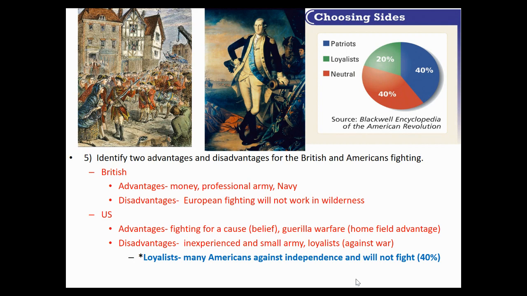And also there are neutrals, which are 40%. So 60% of Americans really either don't want independence or really don't care. So in this case, how does a weaker country defeat a stronger country? How will the American colonists win this war when there's a minority group fighting and they're a weaker power? Think about that for a second.